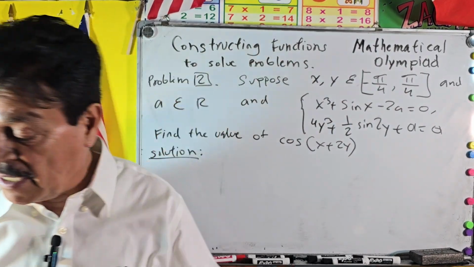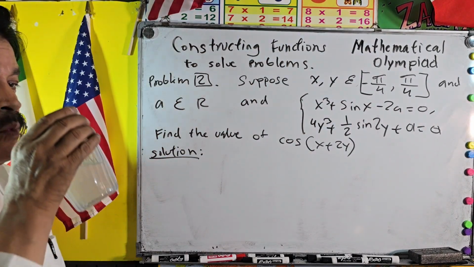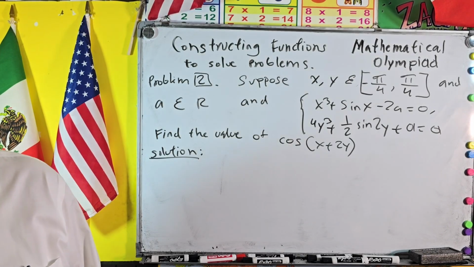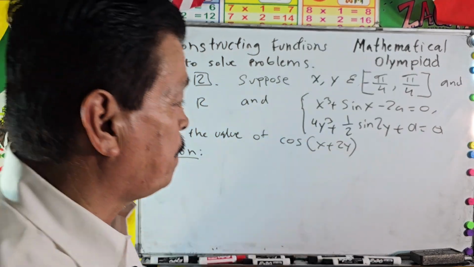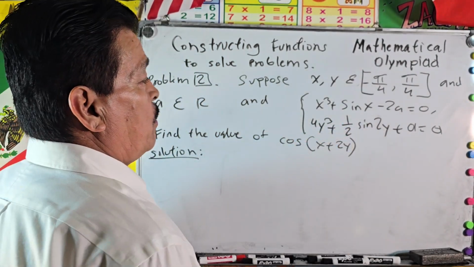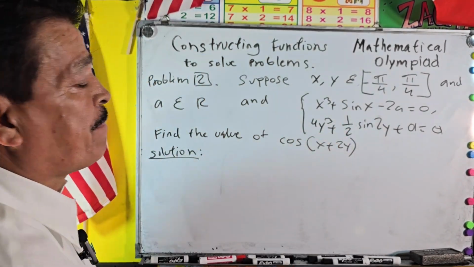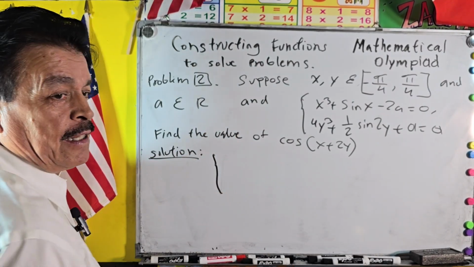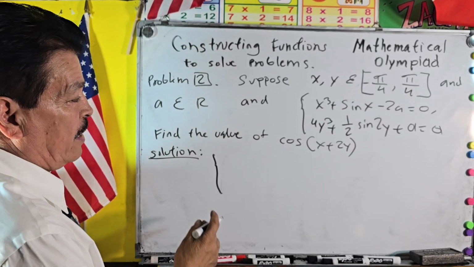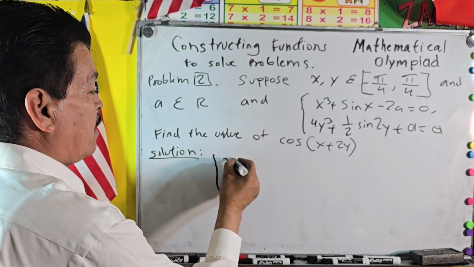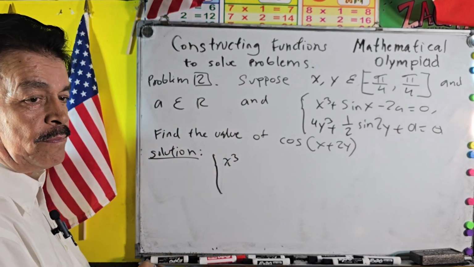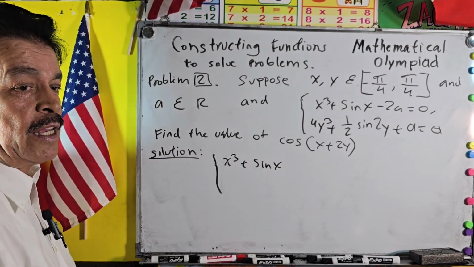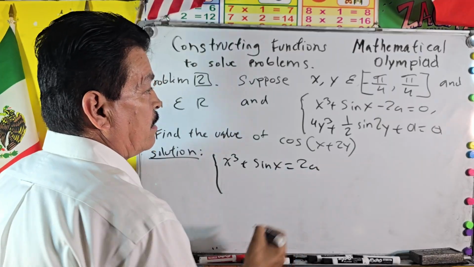Look at the problem there. So this is a system of equations. We are able to write it in this way. Look at this: x to the third power plus sine x equals 2a.